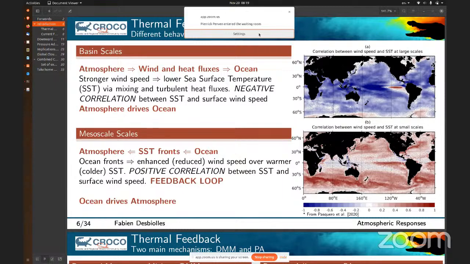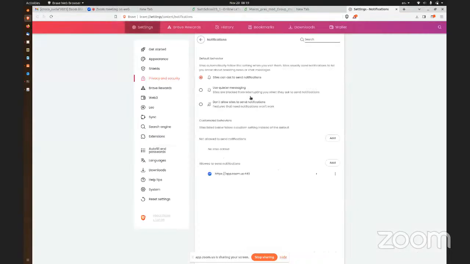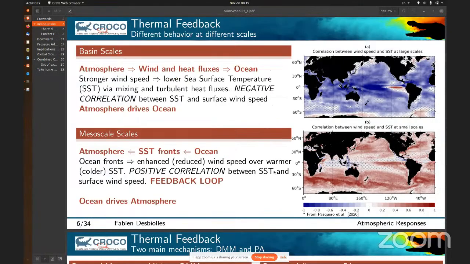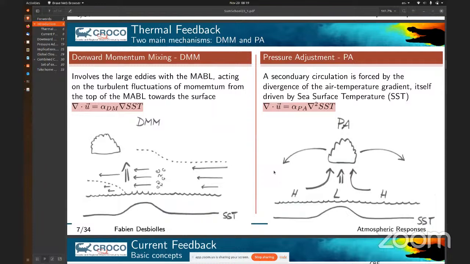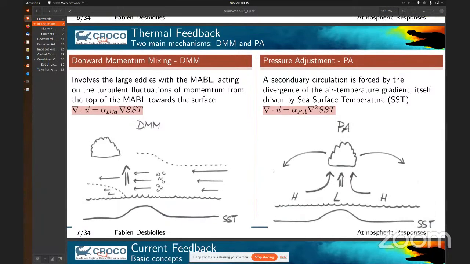So let's see what are the two main thermal feedbacks and processes that create this positive correlation. We have the downward momentum mixing, which is sketched on the left part of the slide, which involves large eddies within the bubble.